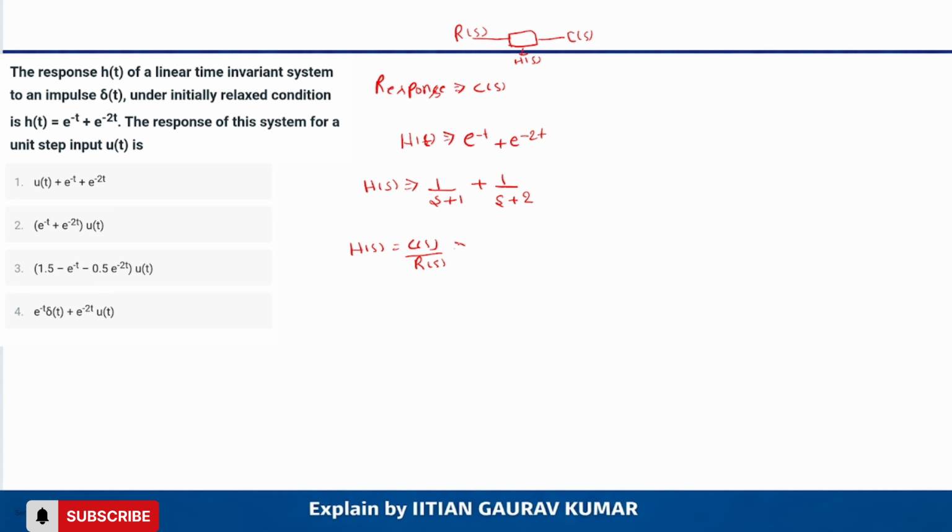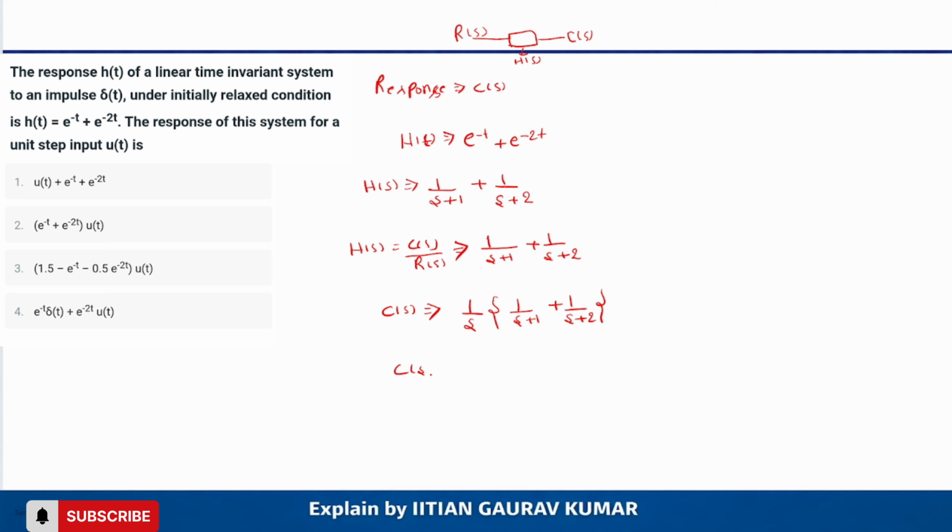So we can write it like that: C of s divided by R of s is 1 by s plus 1 plus 1 by s plus 2. So C of s equals R of s, whose value is 1 by s, cross multiplied by 1 by s plus 1 plus 1 by s plus 2.